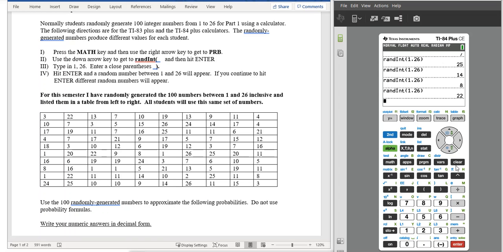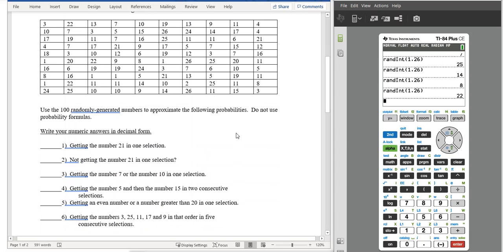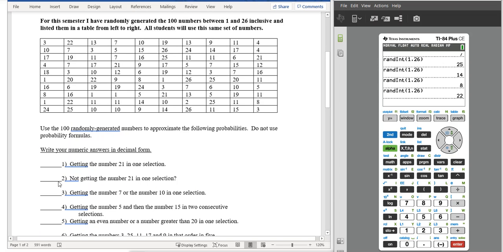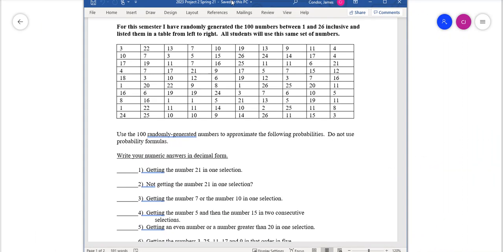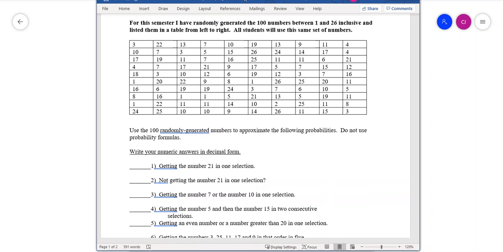I wanted to show you how to do that because we are going to generate some data a little bit later in the course if we have time, on some other projects. But for now, let's just use these numbers and answer the question. So I'm going to take off my calculator and look at these questions.